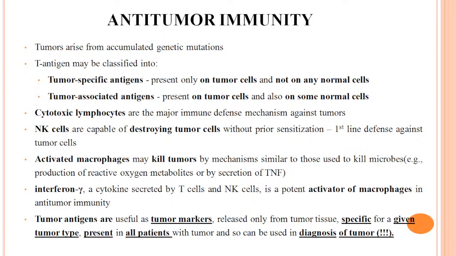I have said that there are two types of tumor antigens. These are tumor-specific antigens and tumor-associated antigens. They are very important. They are useful as tumor markers released only from tumor tissues, and they are specific for a given tumor type or organ. They are present in all patients with tumor, and that's why they can be used in diagnosis of tumor.